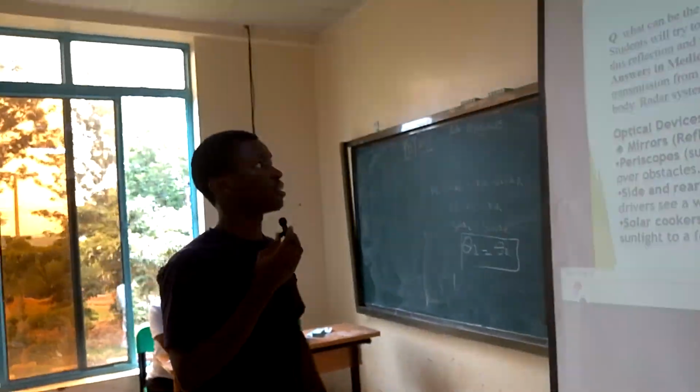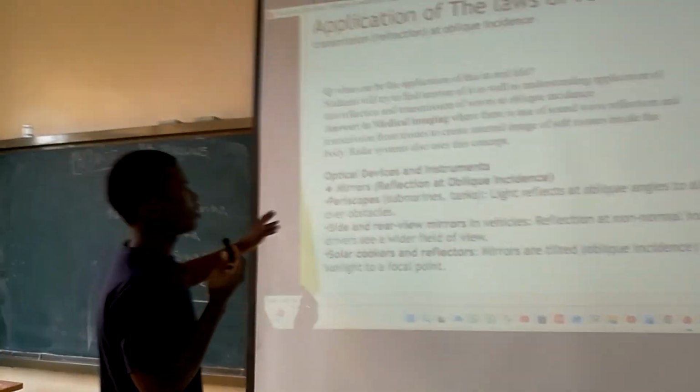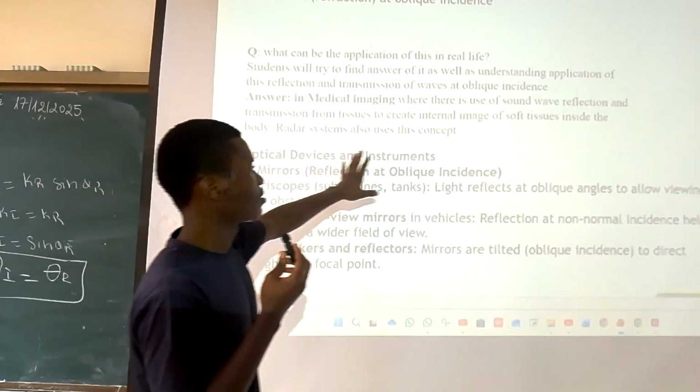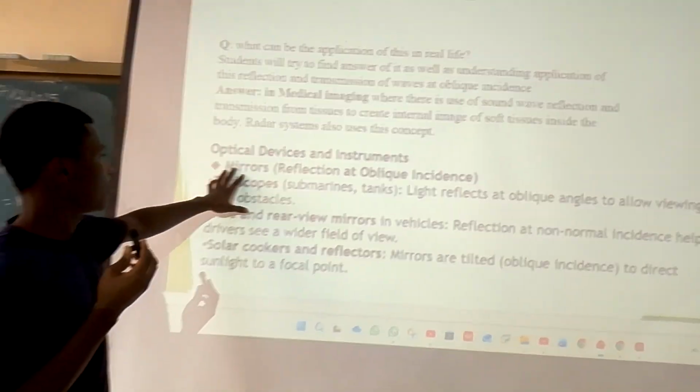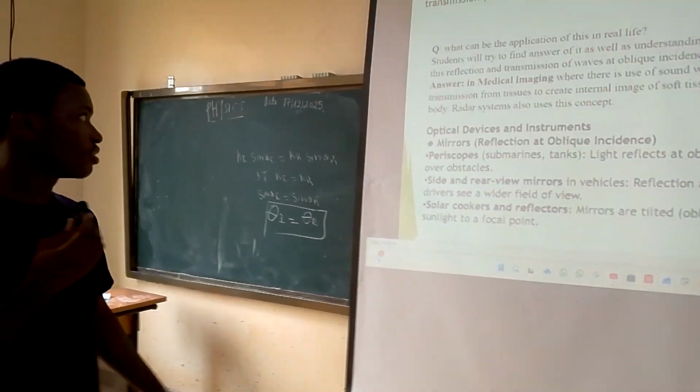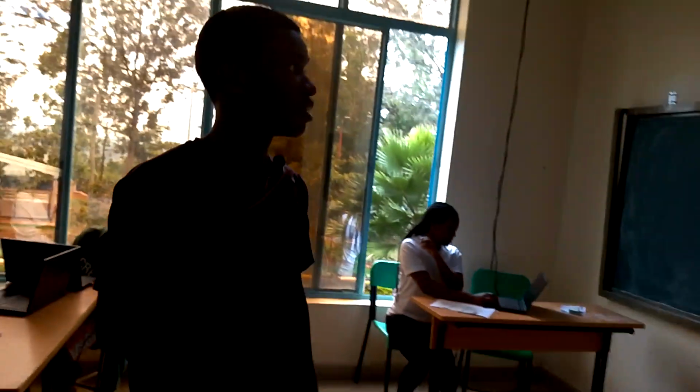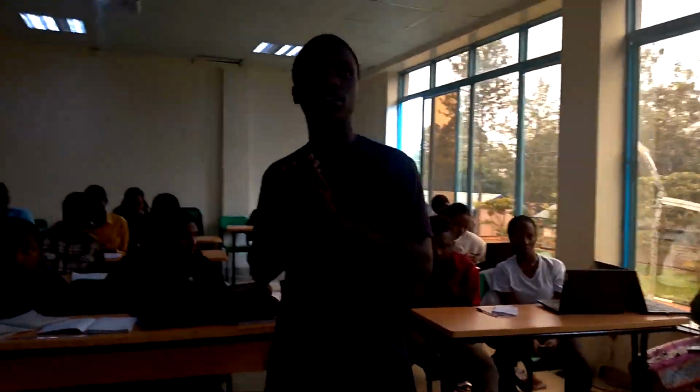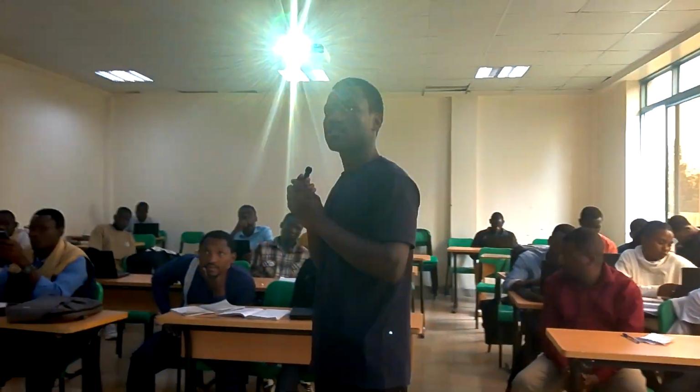As they said, here are some more applications of the laws of reflection and transmission. It is used in optical devices and instruments, in mirrors, periscopes, as they said. Also used in lenses, eyeglasses and contact lenses, cameras and microscopes, and projectors.